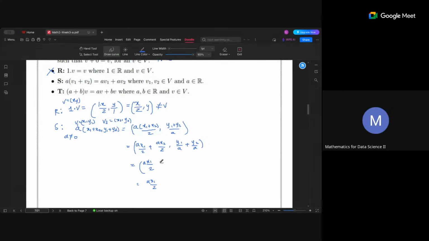So this is (a x1 by 2, y1 by a) plus (a x2 by 2, y2 by a). The first one is nothing but a times (x1, y1), and this is a times (x2, y2). So we have seen that a(V1 plus V2) is the same as aV1 plus aV2.